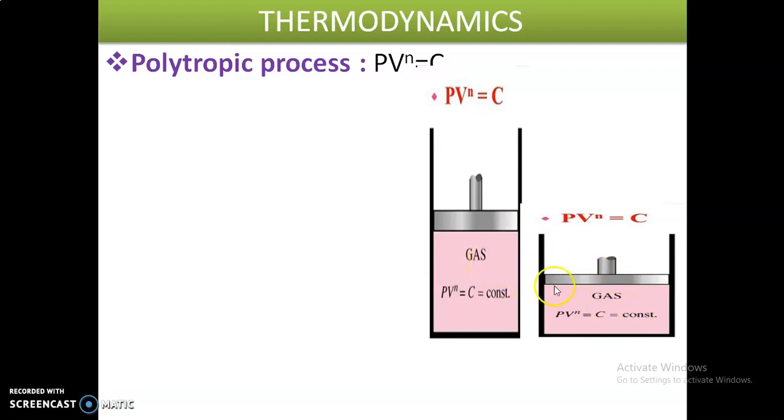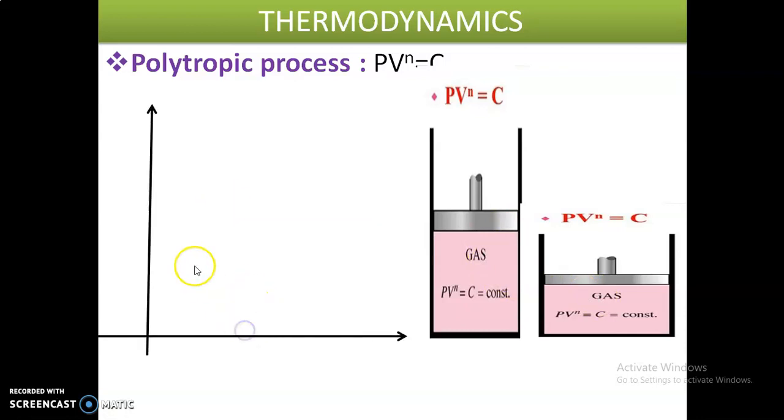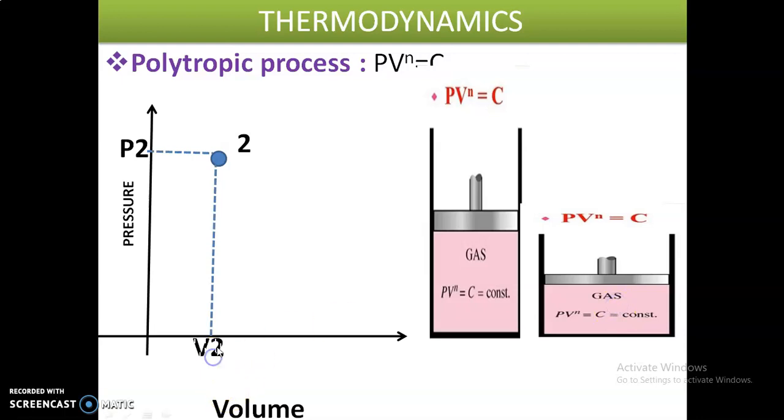These properties we can show on the PV diagram. This is our volume axis and pressure axis. At stage 2 we have pressure P2 and volume V2. At stage 1 we have pressure P1, volume V1 and temperature T1.